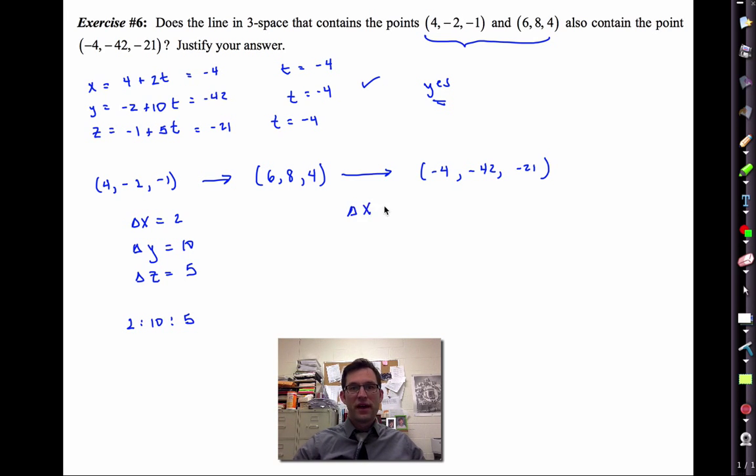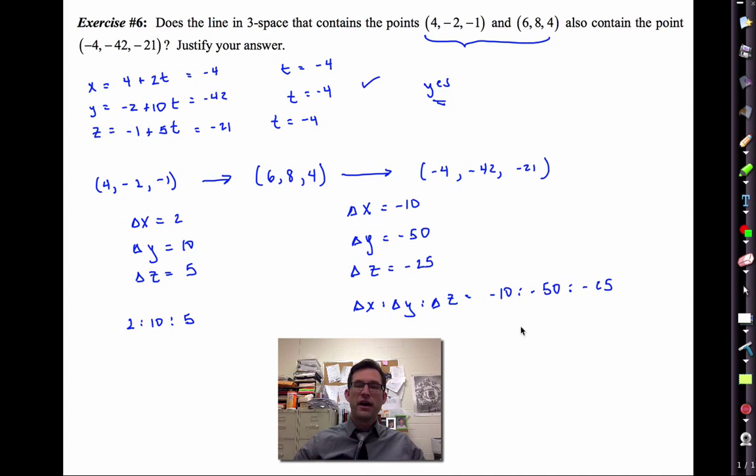Here I have delta x equals -10. Watch that. Delta y equals -50. And delta z equals -25. Delta x to delta y to delta z is going to be -10 to -50 to -25.